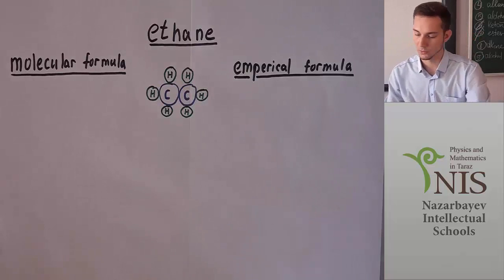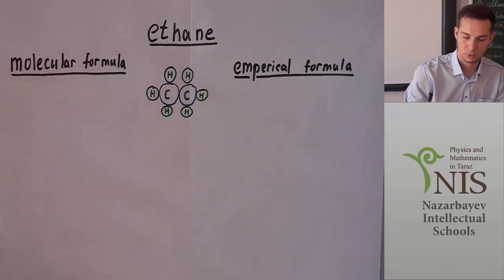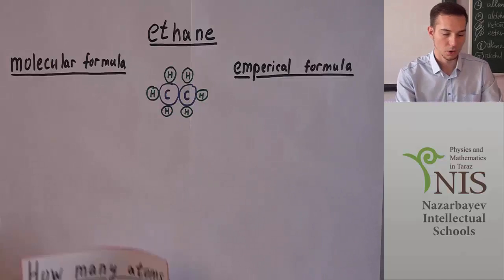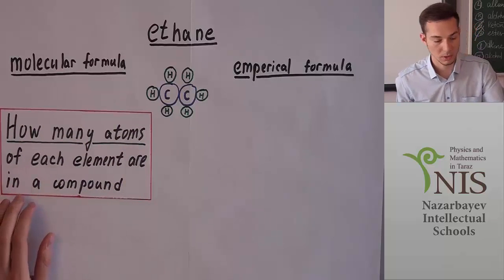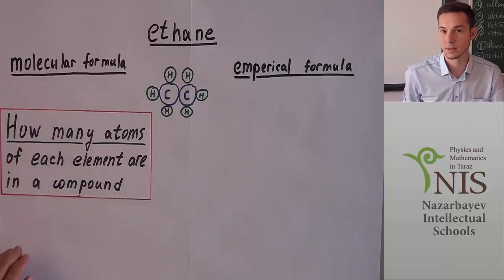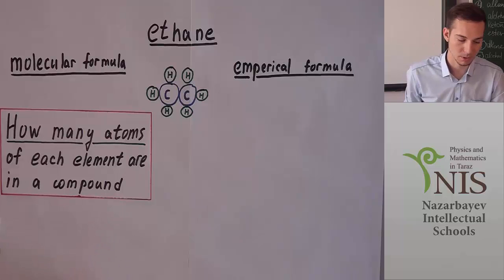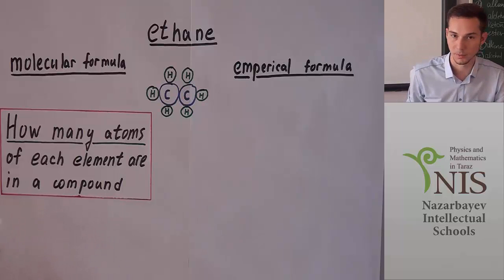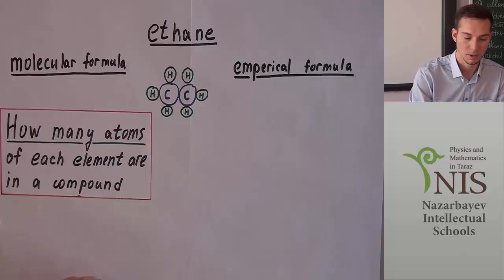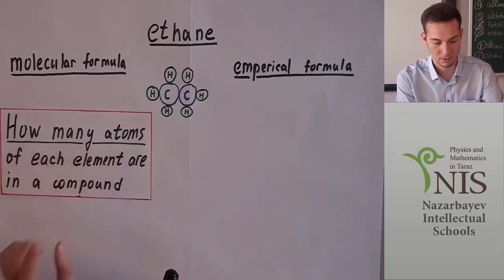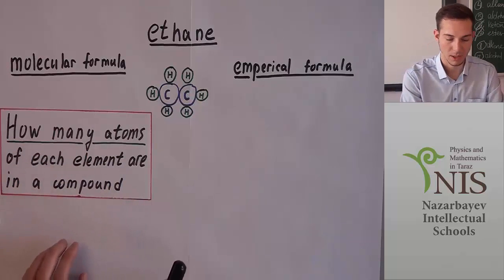Let's try to figure out what is the molecular formula and what is the empirical formula. I often think about the molecular formula as the definition of how many atoms of each element are in the compound. I mean that the molecular formula will show us how many atoms of each element are in a compound.